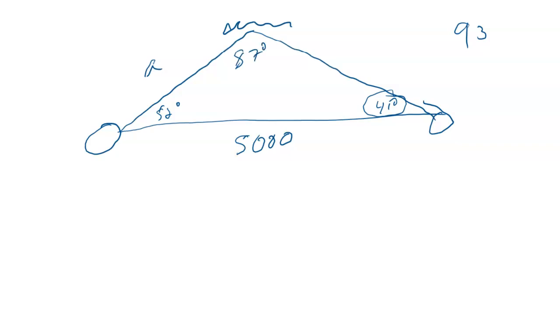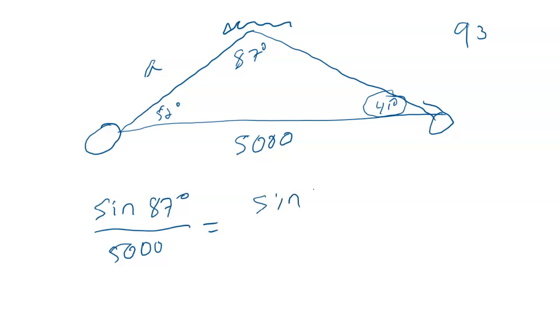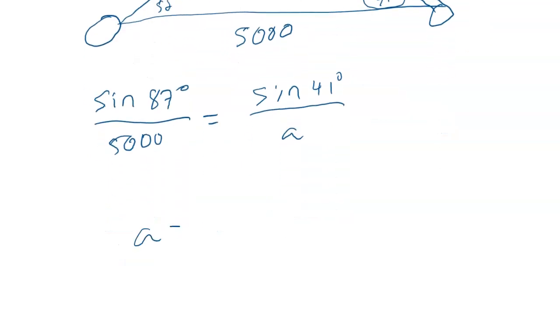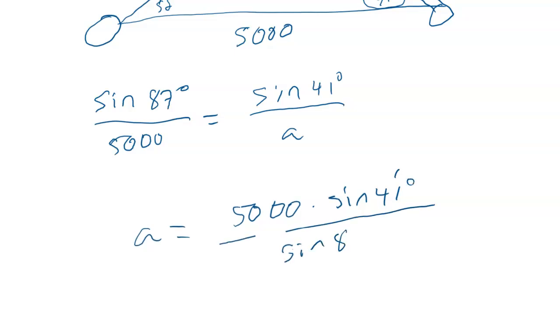So sine of 87 degrees over 5,000 is equal to sine of 41 degrees over A, and then just solve for A. So A is equal to 5,000 times sine of 41 degrees over sine of 87 degrees. Done and done.